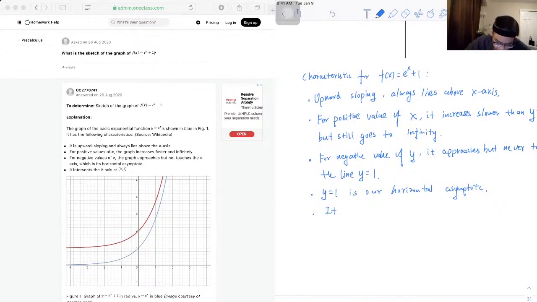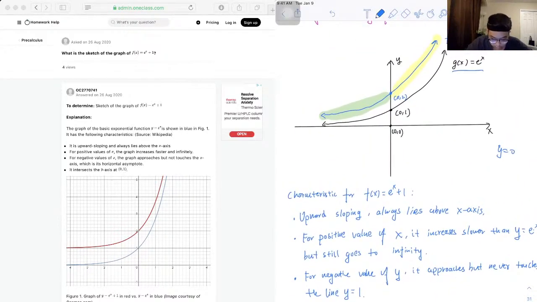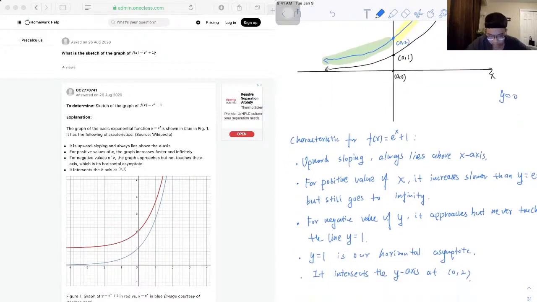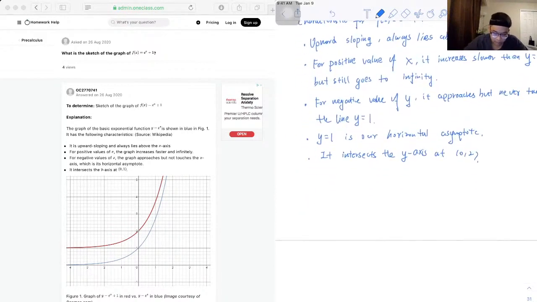It intersects the y-axis at 0, 2. Right. So yeah, so those are the characteristics for f(x). And then now we can write our conclusion.